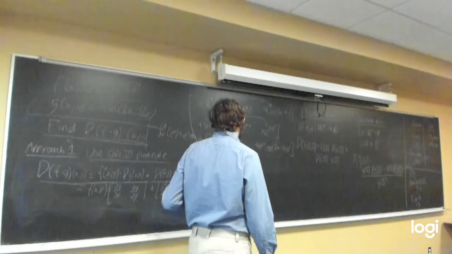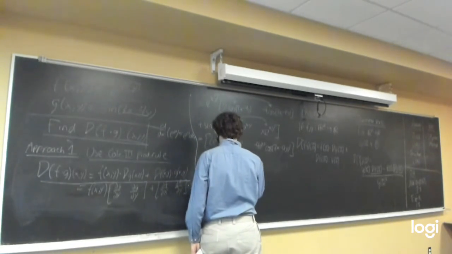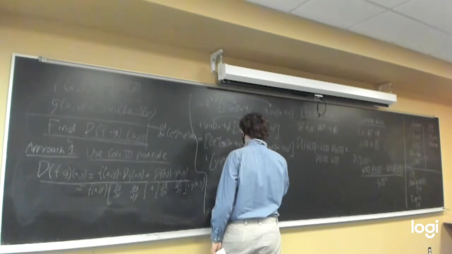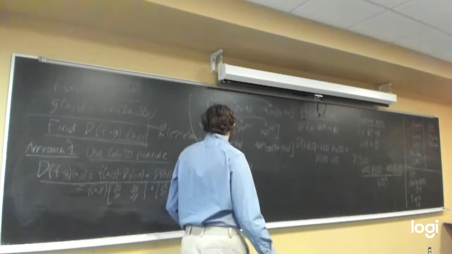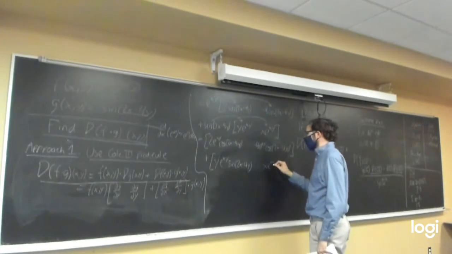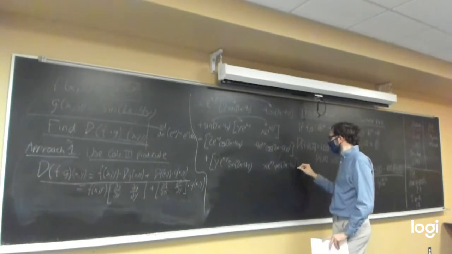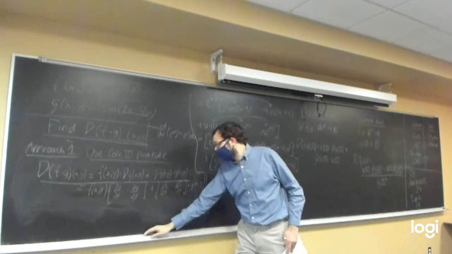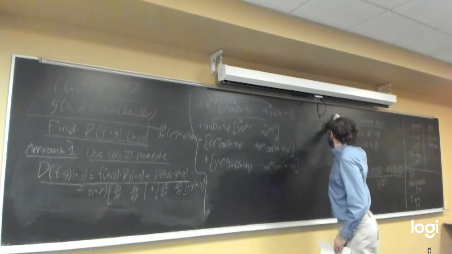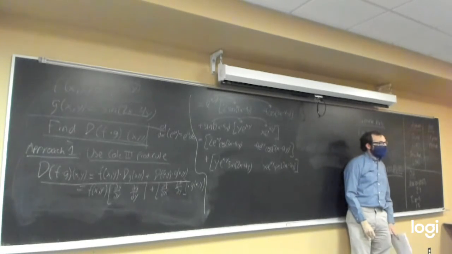Our second matrix will give us something like what? y e to the xy sine of 2x minus 4y. The second piece will give us x e to the xy sine of 2x minus 4y. And now we have two 1 by 2 matrices that we need to add together. This is going to be delightful.